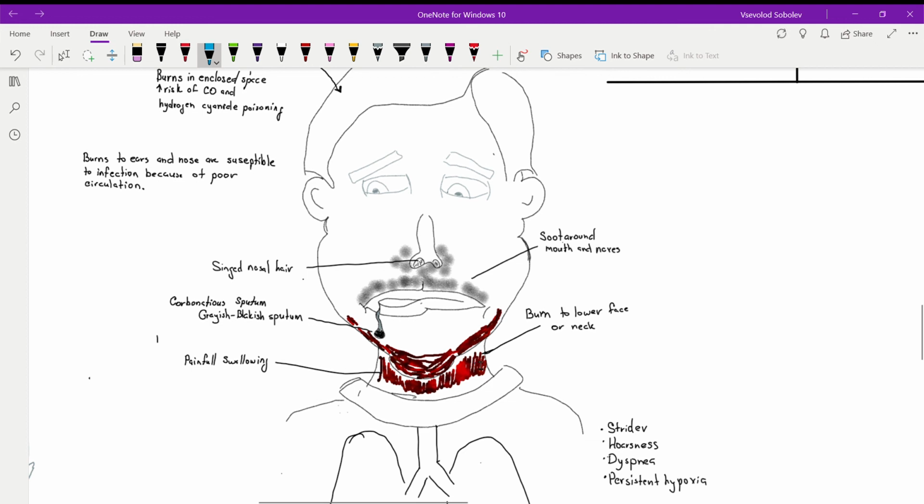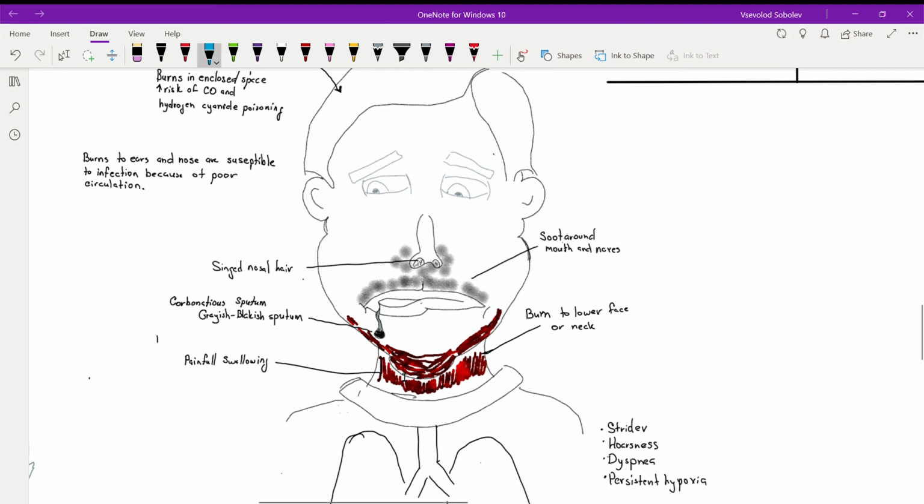If their neck is burned, in about, I don't know, 12 hours, let's say 6 hours, once they start swelling, once the blood vessels start leaking, it will swell so bad. And if that turns leathery and inelastic, then they won't be able to breathe and it will be much harder to intubate.